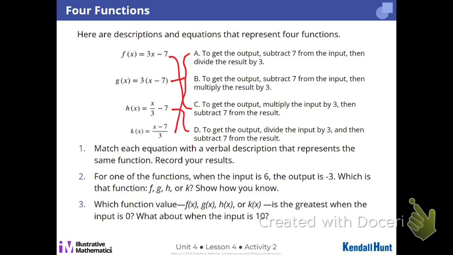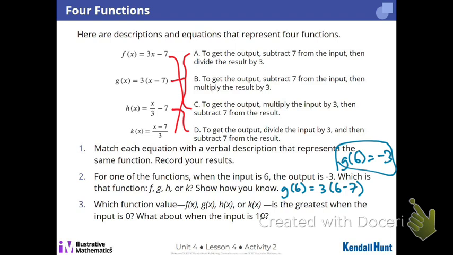Let's test it out. So you're saying G of 6 is 3 times 6 minus 7. Okay, so G of 6 then equals 3 times negative 1, which is input of 6, output of negative 3. Thank you, Emily. That works in G.